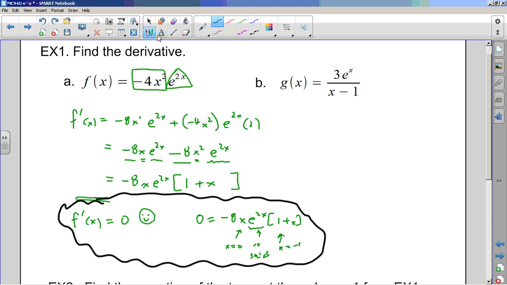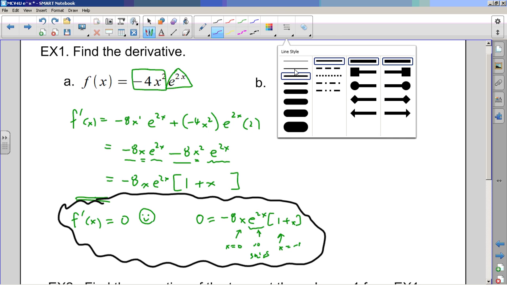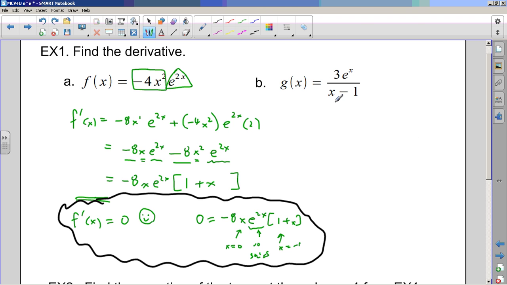All right, next one looks like a quotient rule. So let's do the quotient rule. Derivative of the top. Remember, the number just hangs out front, and then I take the derivative of this as just this, and then write down the bottom, minus, for quotient rules, write down the top, derivative of the bottom, all over the bottom squared.